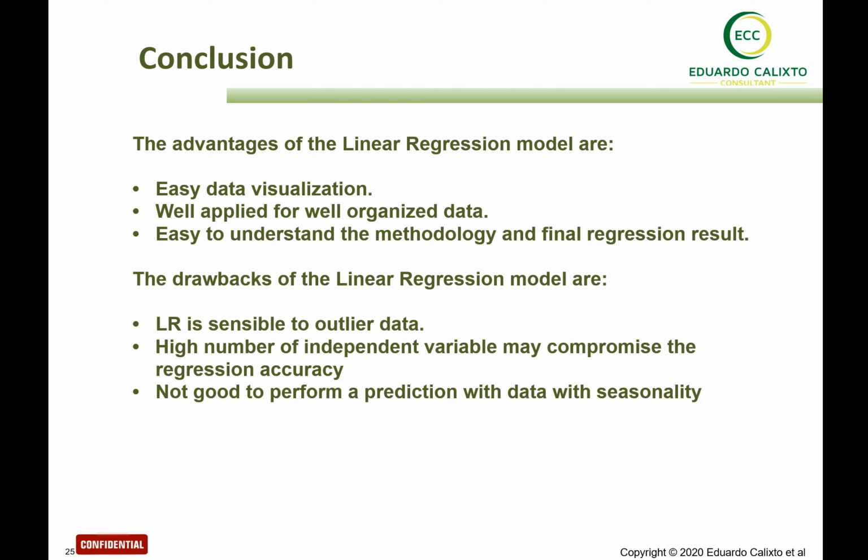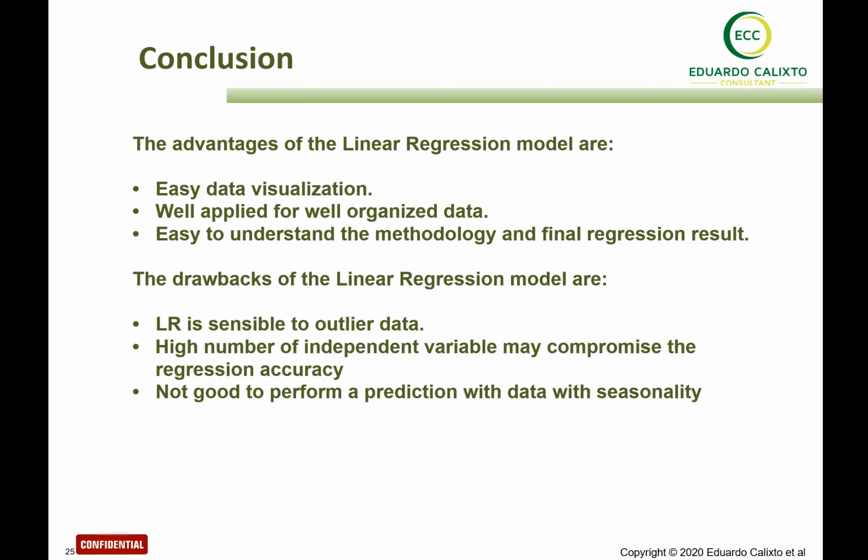A high number of independent variables may compromise the regression accuracy. In this example, we had only one independent variable, but process engineers like to work with different independent variables to see the influence of the process on the equipment or a product.